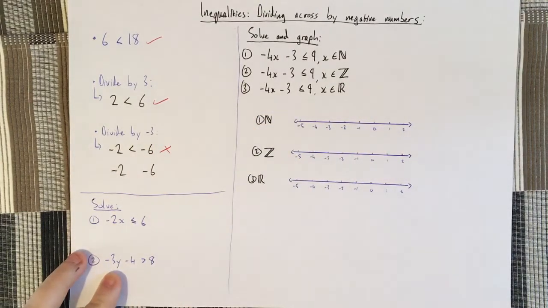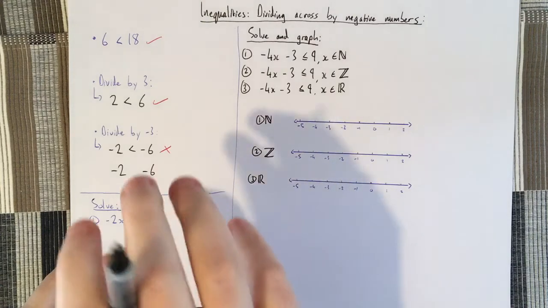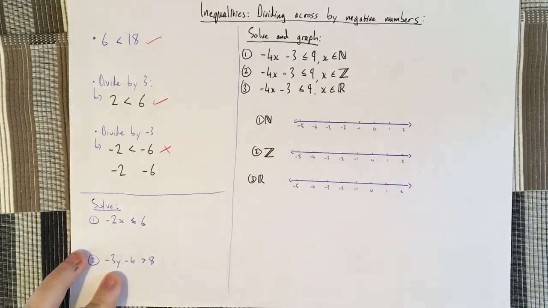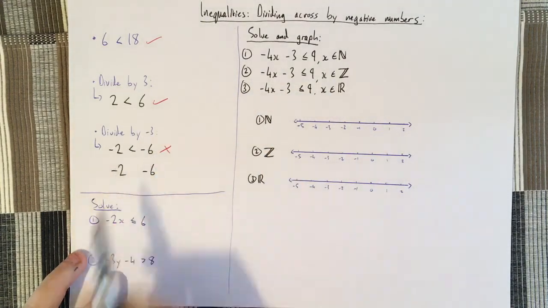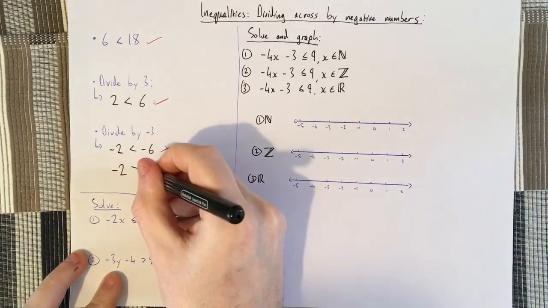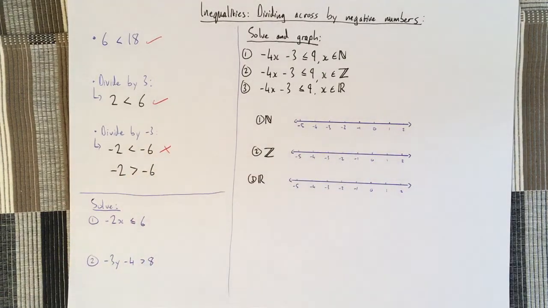And then you just need to remember that when you divide across by a negative number, you need to flip the inequality around. So this less than sign is going to become a greater than sign. Is minus 2 greater than minus 6? Yes, it is.